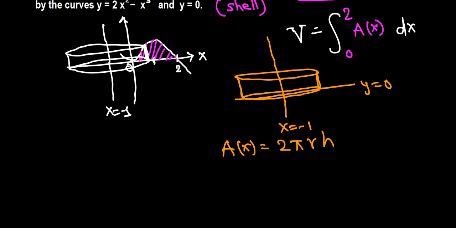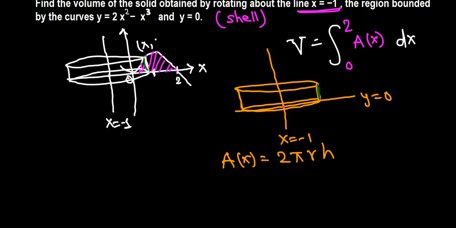So the radius is from here to the sample rectangle we are taking here. This is the generic point on the curve. The generic point is (x, y), and y is given by the function y equals 2x squared minus x cubed, x in the horizontal direction and y in the vertical direction.